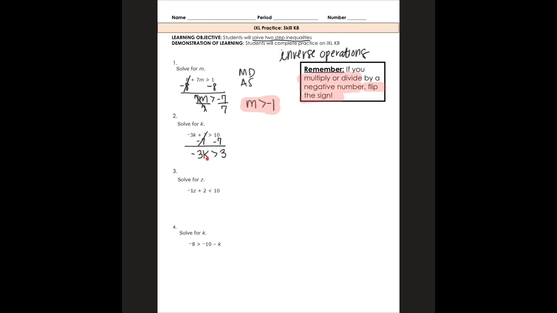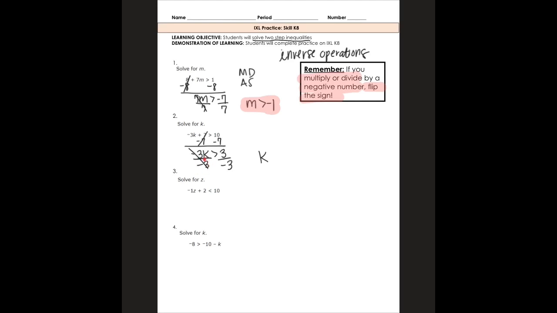Now I'm still solving for k. I need to do the opposite of multiply by negative 3 and divide by negative 3. Again, going back to those inverse operations. Negative 3's cancel out and I get k.